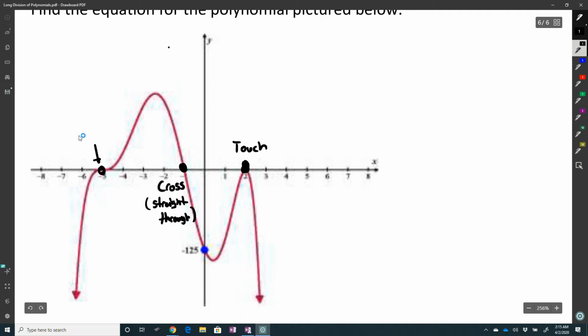Whereas here, it crosses, but notice that it looks like a cubic as it does it. So there's 3 different ways it crosses, and each one is a different multiplicity.